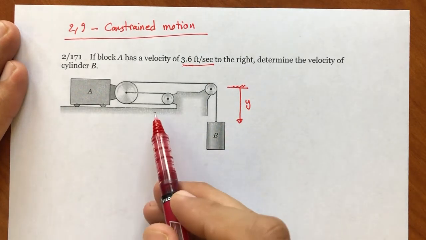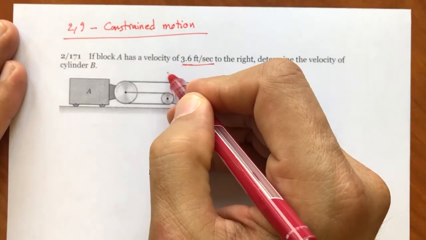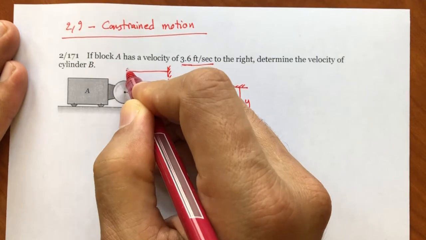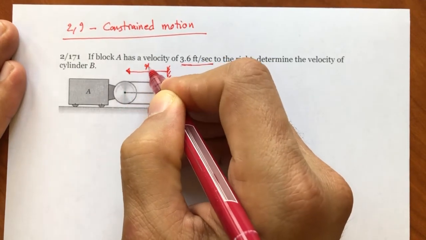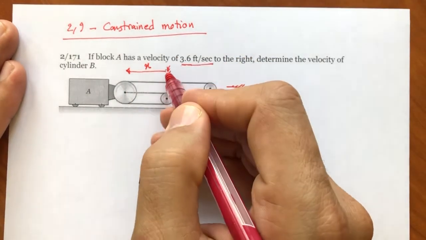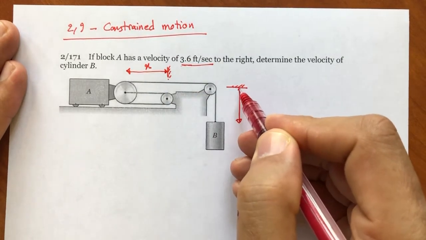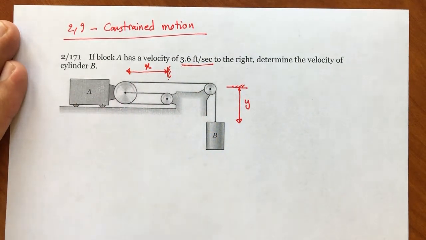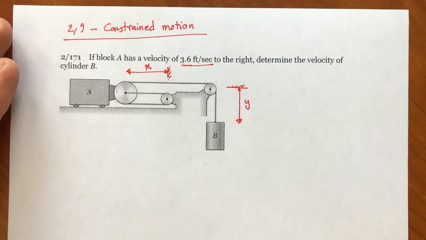And we can do the same thing for A. For example, the distance from here to here, if I call it X. If I give you this distance X, then you are going to know what is the location of A.